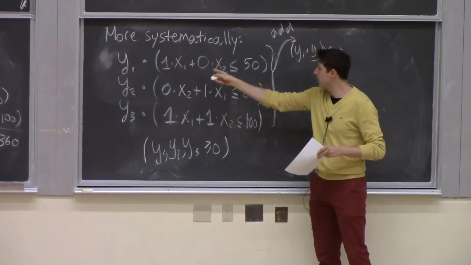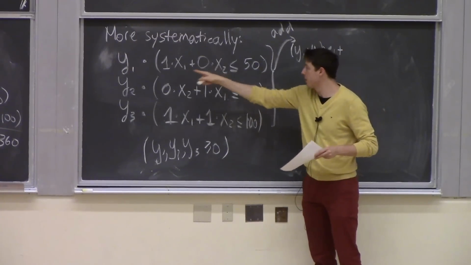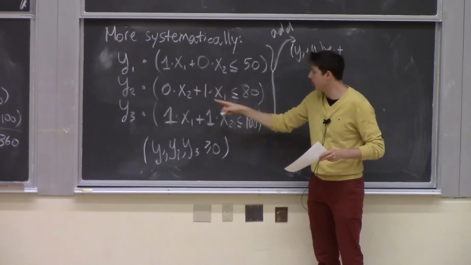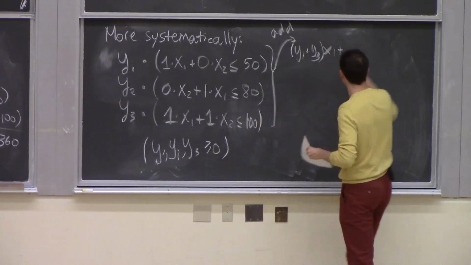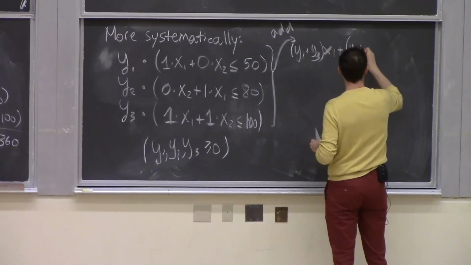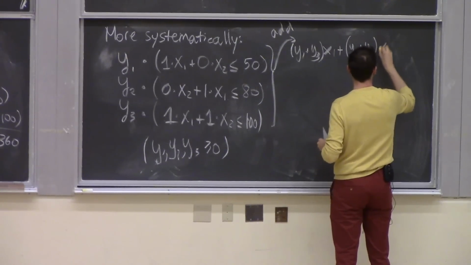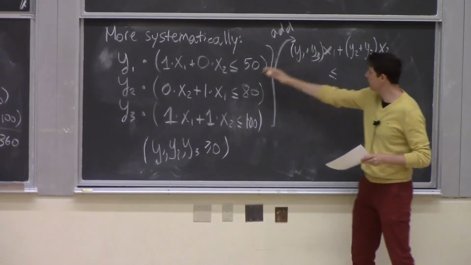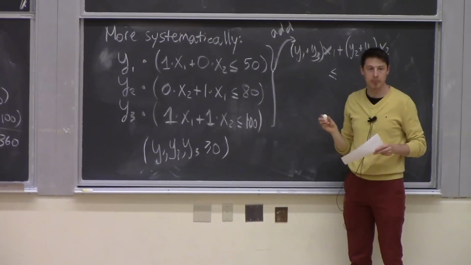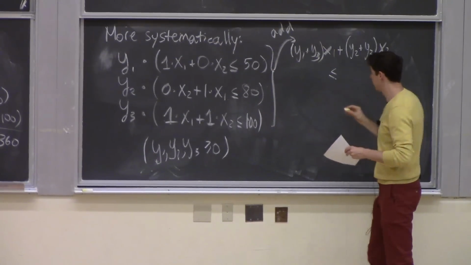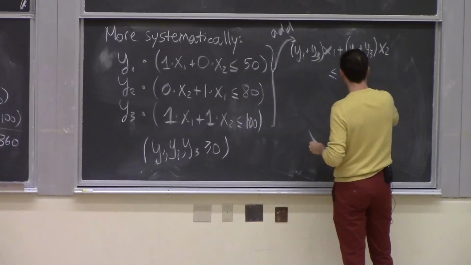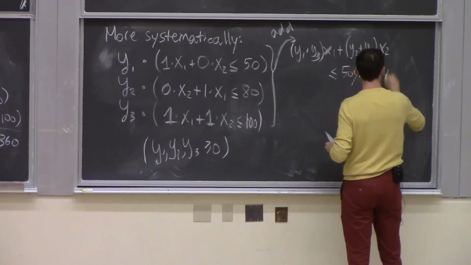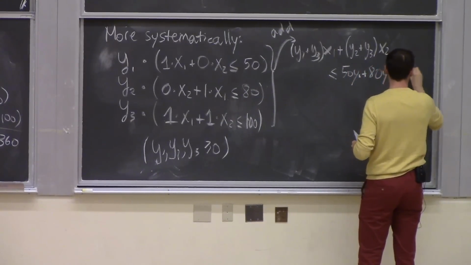Right, because y1 doesn't participate, you multiply y1 times 0, so it goes away. Here I have a contribution of y2, and here I have a contribution of y3, right? So I have plus y2 plus y3 times x2. And then it is at most what? What do I get on the right-hand side? Right, I get 50 y1 plus 80 y2 plus 100 y3.